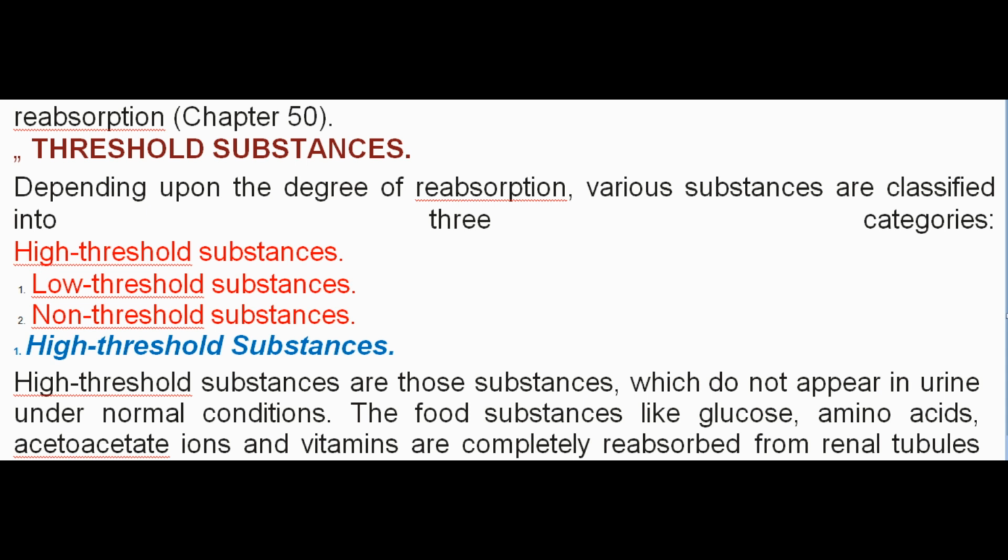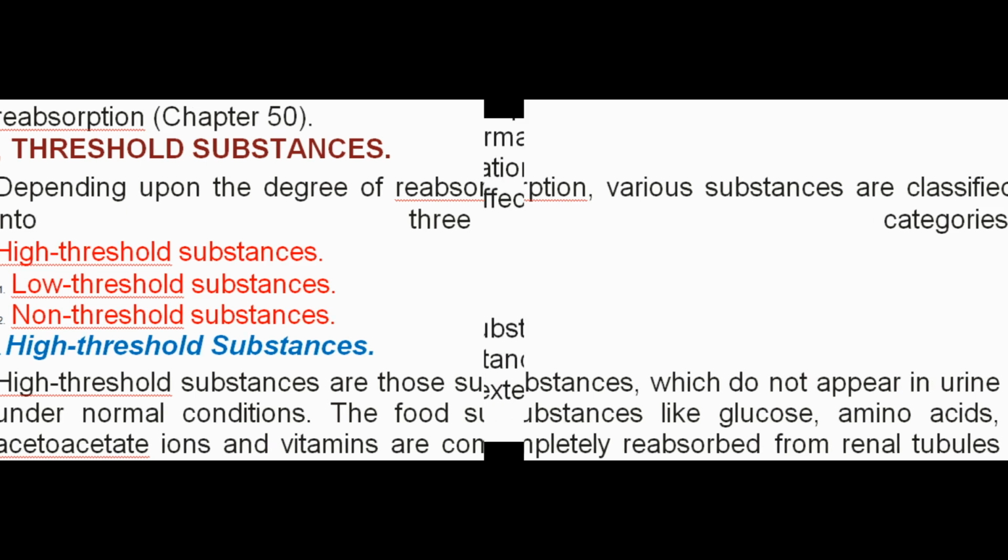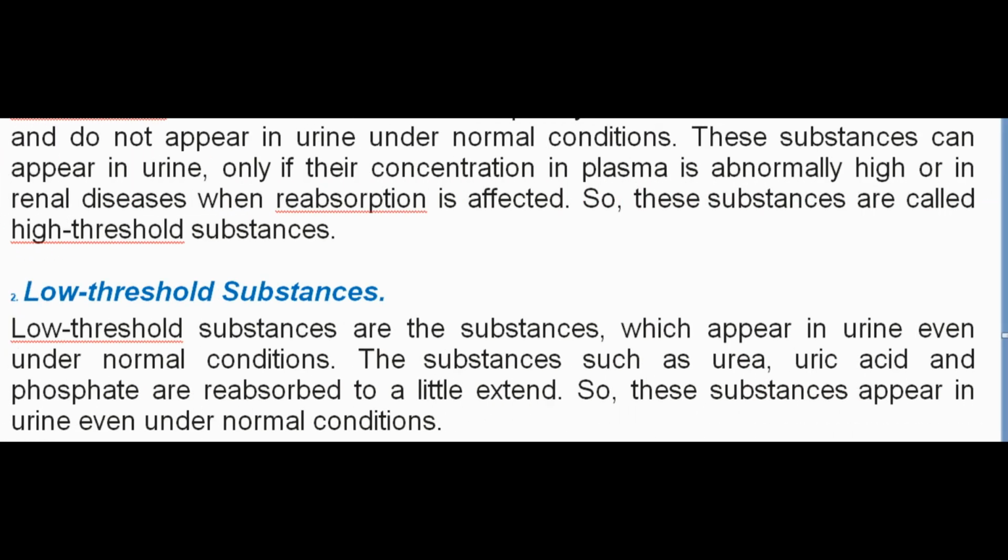The food substances like glucose, amino acids, acetoacetate ions, and vitamins are completely reabsorbed from renal tubules and do not appear in urine under normal conditions. These substances can appear in urine only if their concentration in plasma is abnormally high, or in renal diseases when reabsorption is affected. So, these substances are called high threshold substances.